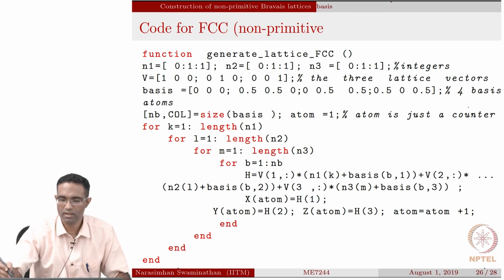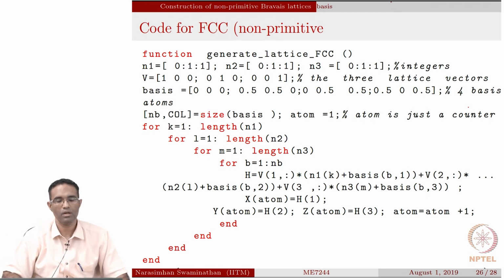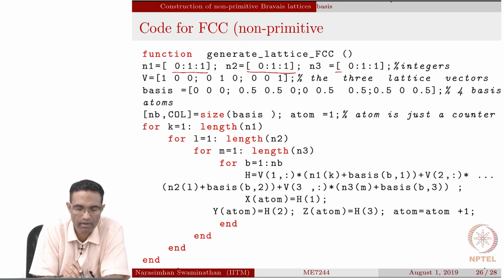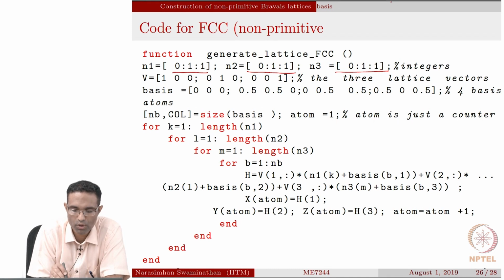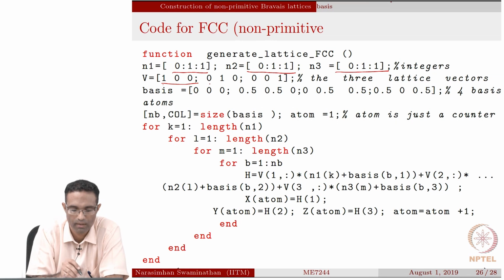So this is basically the structure of the code that you will use if you want to generate a crystal structure out of non-primitive basis. So again you have N1 going from 0 to 1, 0 to 1, 0 to 1. So I am going to generate only one unit cell.